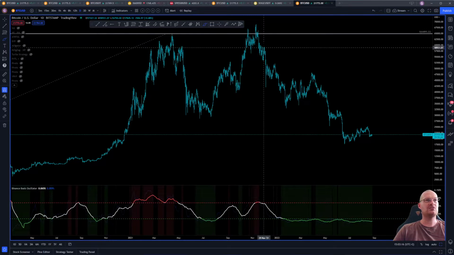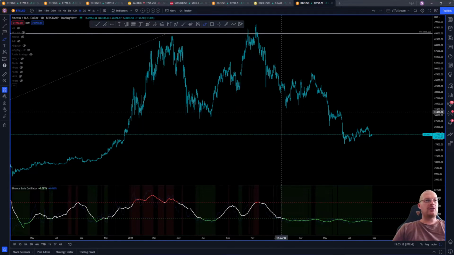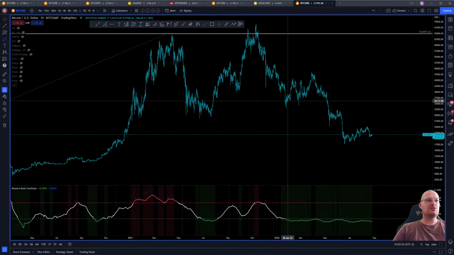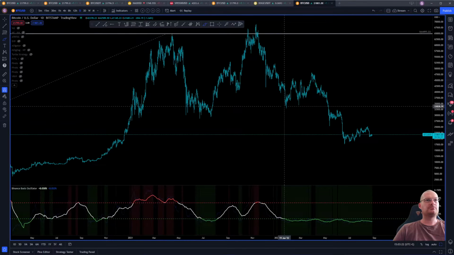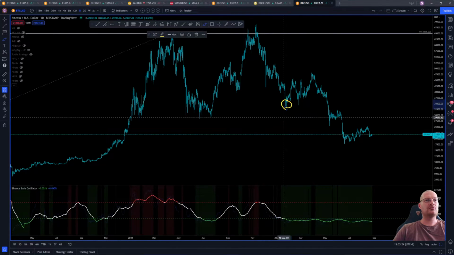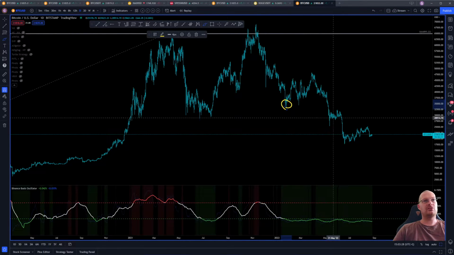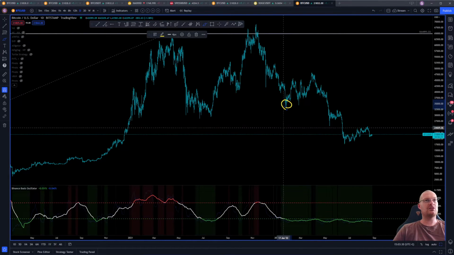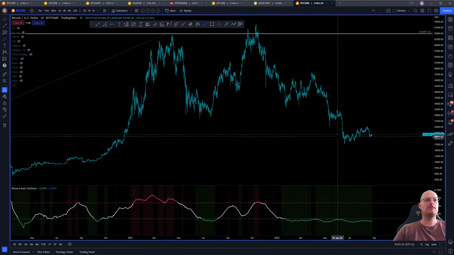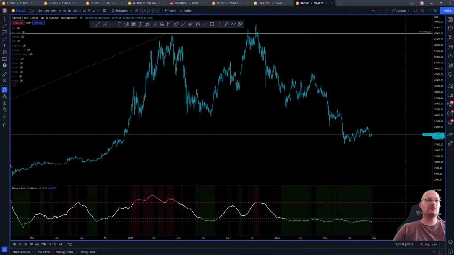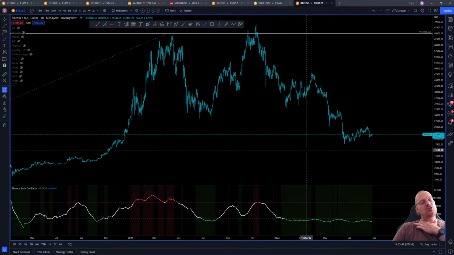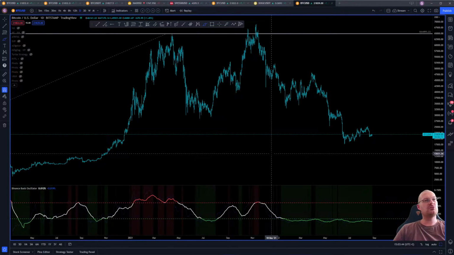Anyway, still nice. And then we come down, and as you can see from here on, we start to turn green again. So here are then the good moments to start accumulating Bitcoin. Or we wait until this green indicator turns white again, and that would be the very last moment to get in. So I think this is quite a good indicator.